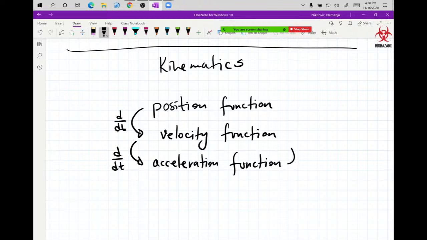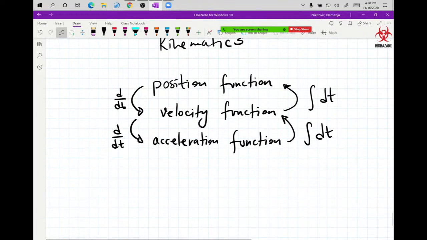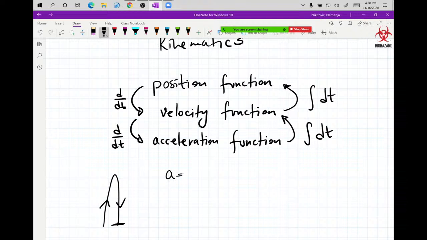Now, if you want to go backwards, you can integrate and you can go all the way back. I did give an example of, you throw a rock up and then it comes down and hits the ground. And I gave that your acceleration is actually negative 9.8 meters per second squared. When you integrate acceleration, you get velocity.